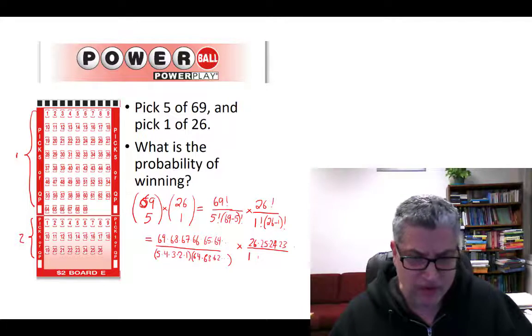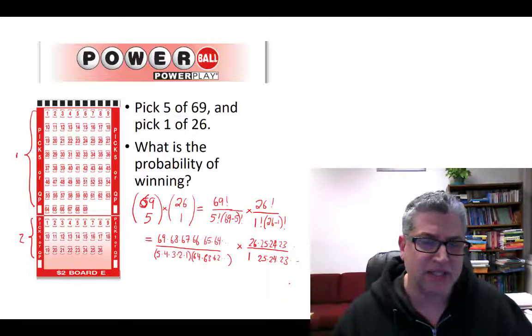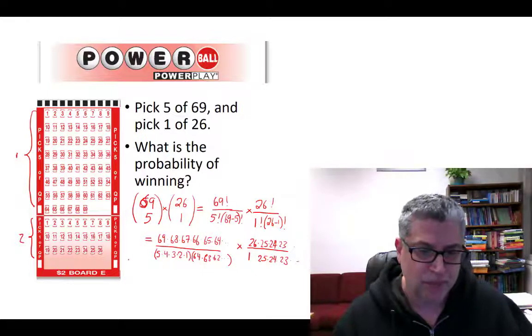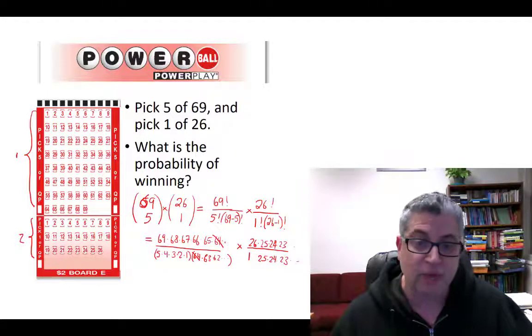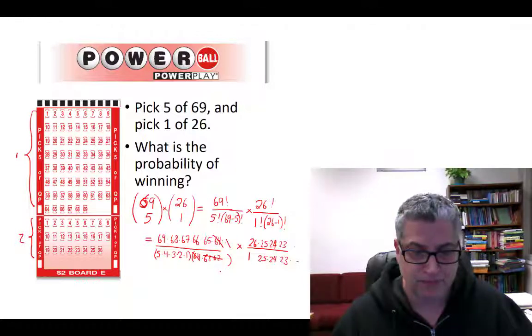So 25 factorial is 25 times 24 times 23, and so forth. We'll see that a lot of this stuff cancels. For example, in this first term, 64 cancels with 64. In this dot, dot, dot, we had 63 times 62 times 61. So all those cancel with these.